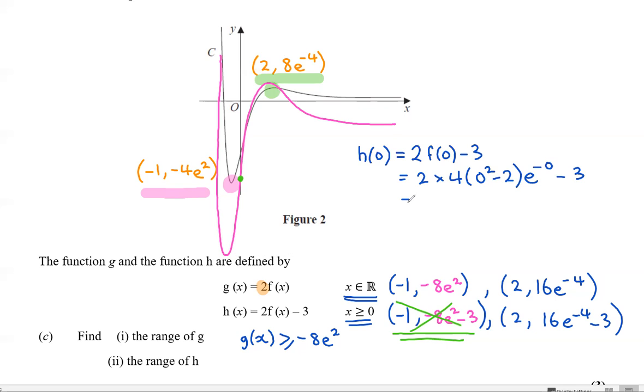So this is going to equal 8 multiplied by negative 2. And then e to the power 0 is obviously 1. So that doesn't do anything. Subtract 3. So we're going to have negative 16 subtract 3, which is negative 19. So that value is at negative 19. Okay. Now the horizontal asymptote, which is here, okay, that's going to be at negative 3.